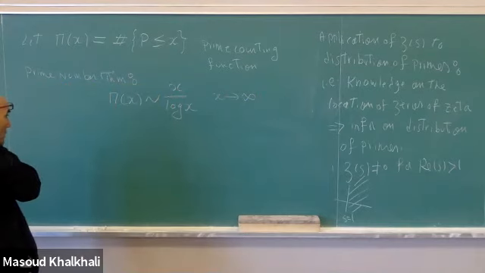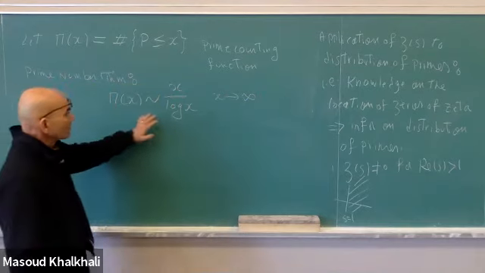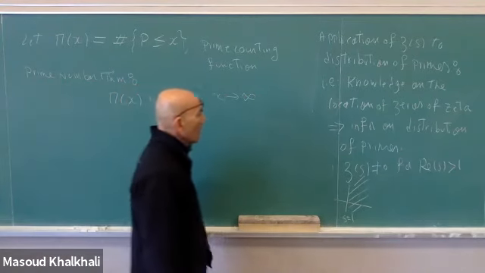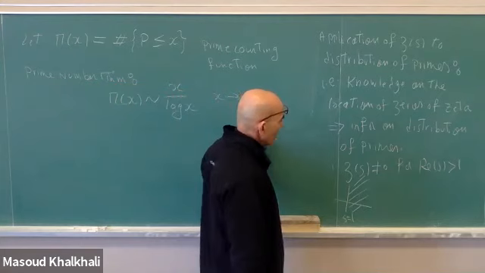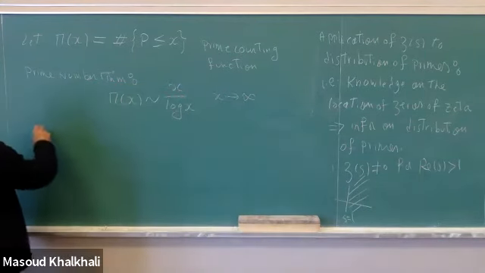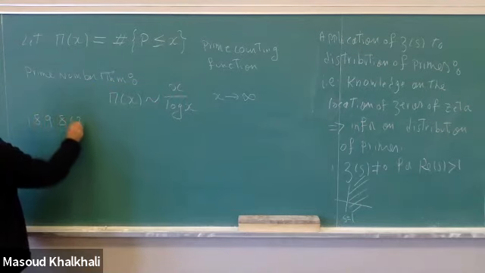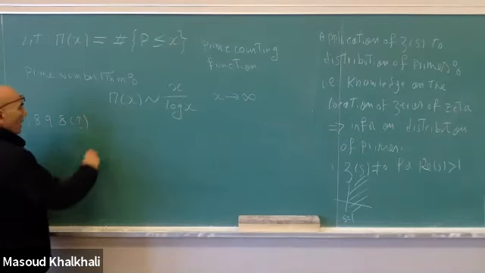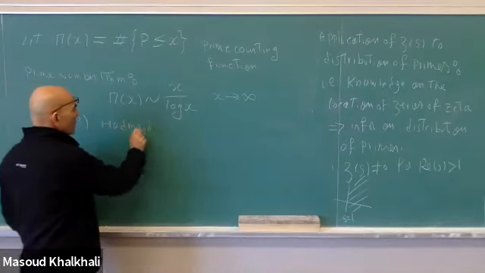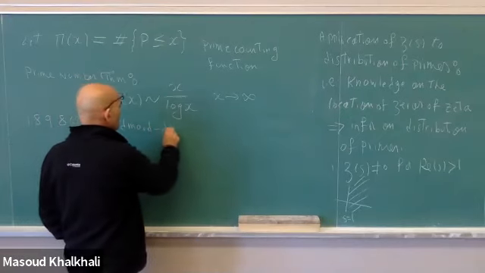Okay, so this is the prime number theorem. This was conjectured for many, many years before it was proved in 1898, I believe, by Hadamard and de la Vallée-Poussin.